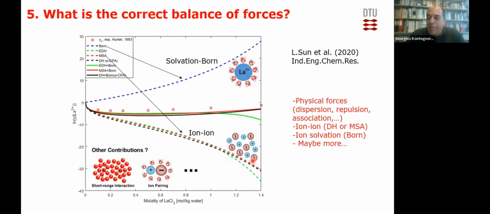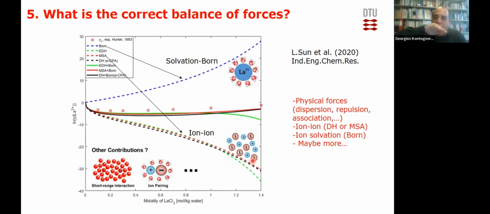So now, all of those things, the Born term, the ion-ion contributions, and the relative permittivity composition dependency, all of them together are combined into the next question: what is the balance of forces in electrolyte solutions? And now I'm going to show you five or six slides in which all of them look like this one to start with. They present with different models the contributions of the forces.